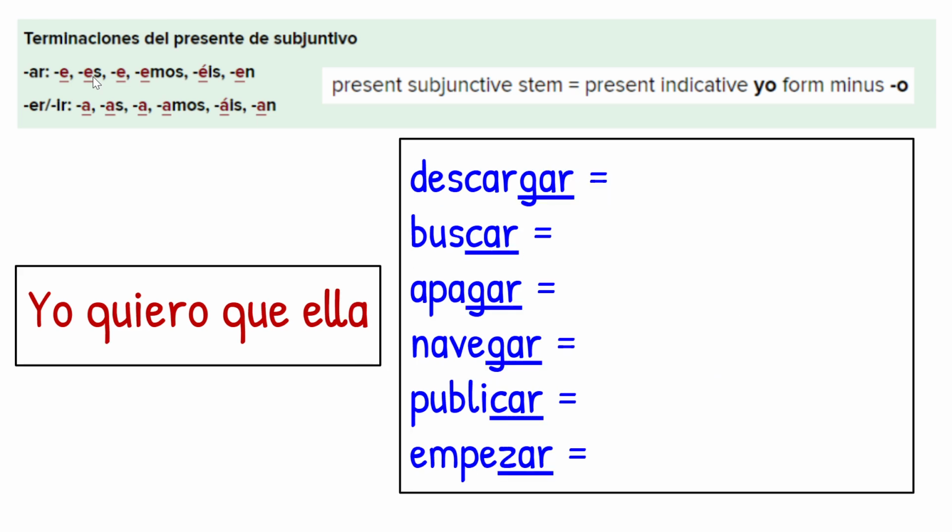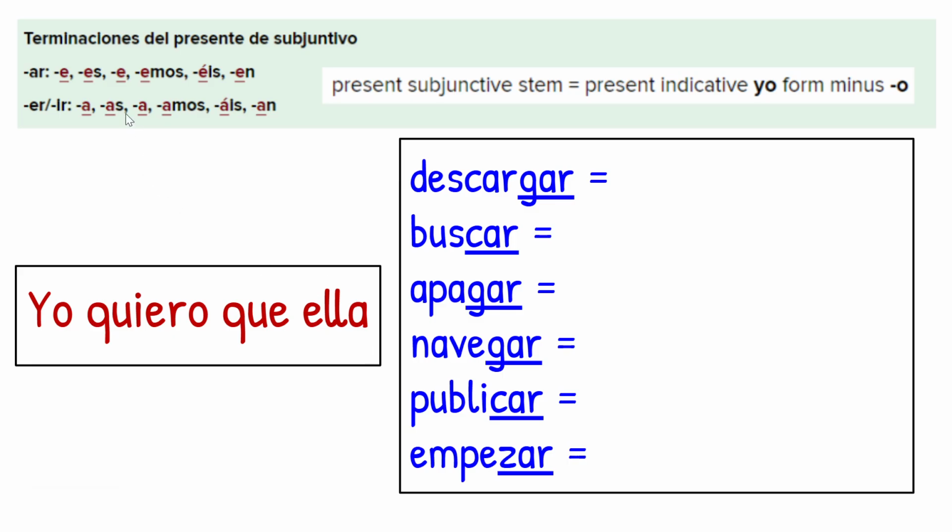What happens if I have a car, gar, zar verb? Well, the same thing you've always done. Okay, we need to be careful with the sound. We need to retain that hard G, which means we'll have to put a U. We'll have to retain the hard C, which means we'll have to, anyway, we'll move on. So, yo quiero que ella. Now I'm changing the subject to ella. This is a subjunctive sentence that's already set up.